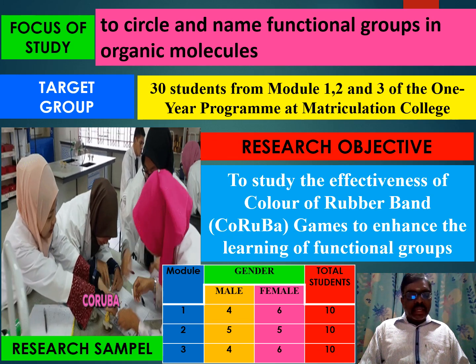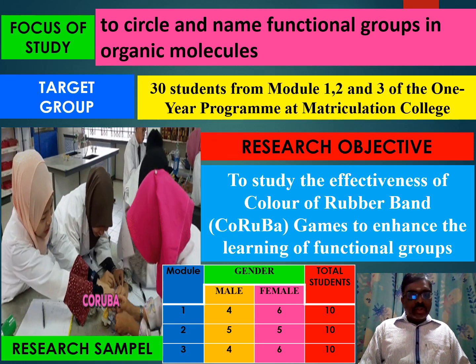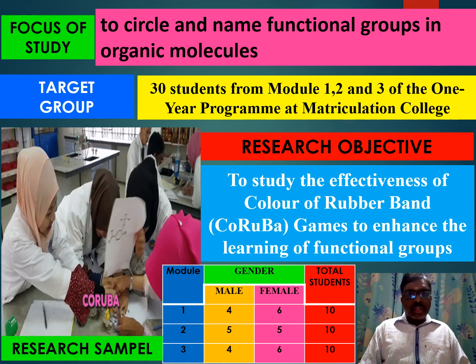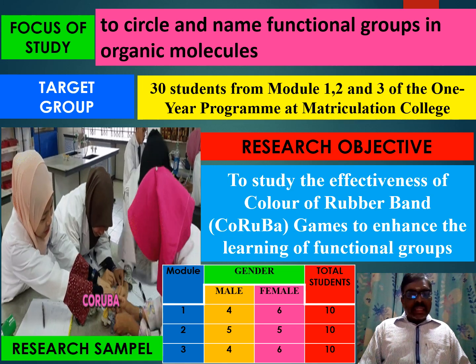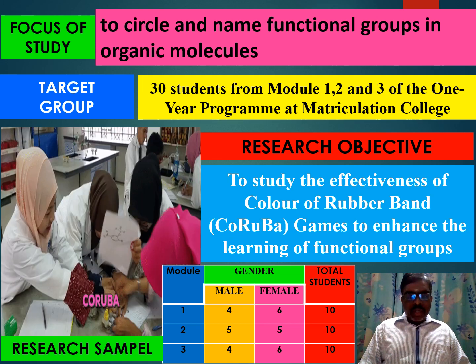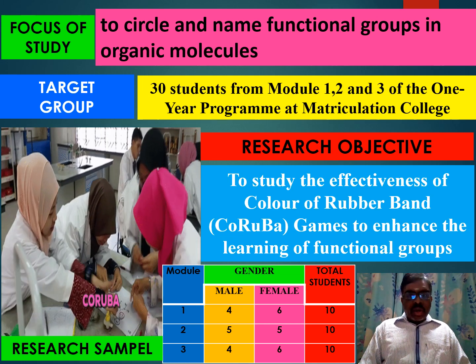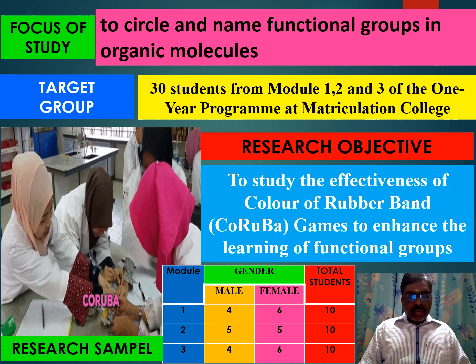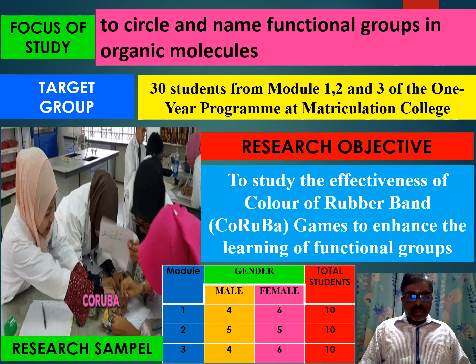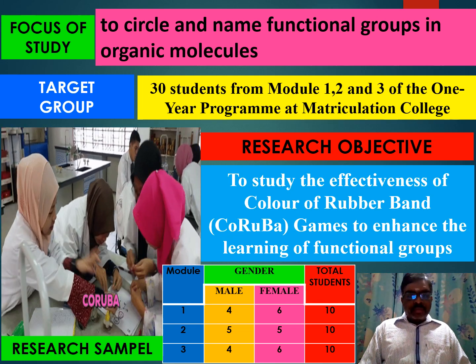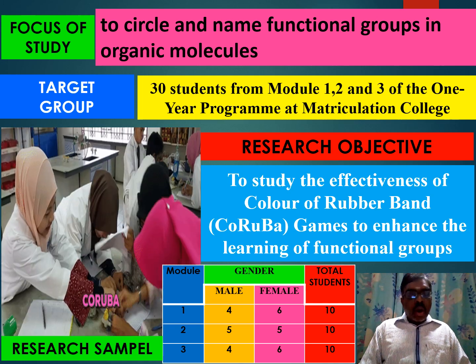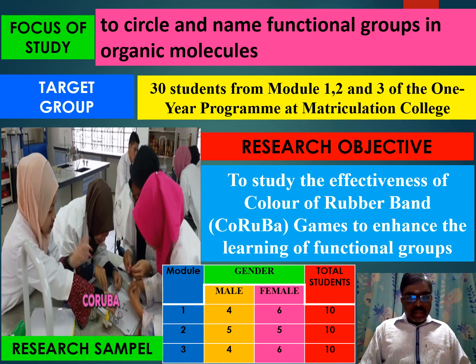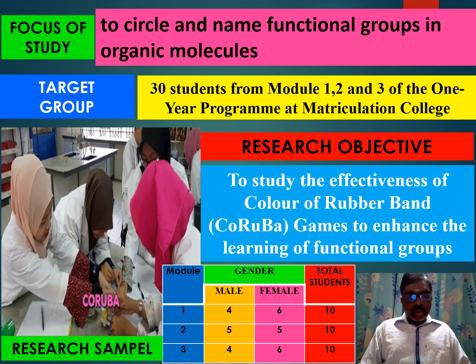The focus of study in the CoRuBa game is to circle and name functional groups in organic molecules. Our target group is 30 students from Module 1, 2 and 3 of the one-year program at Matriculation College. The research objective is to study the effectiveness of the color of rubber band game, or CoRuBa, to enhance the learning of functional groups.